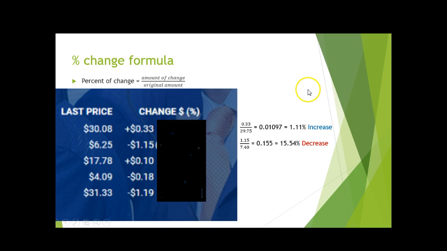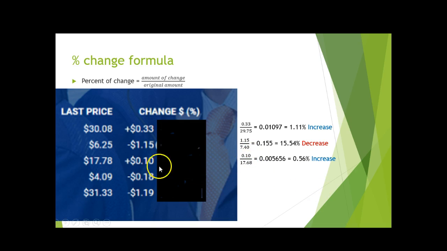The next one, 1.15 over 7.40, because that original price was 1.15 more than this, so 6.25 plus 1.15 is 7.40. Divide those, 0.155, move it over, 15.54% decrease because it had gone down. And you can calculate the same for the rest of them.